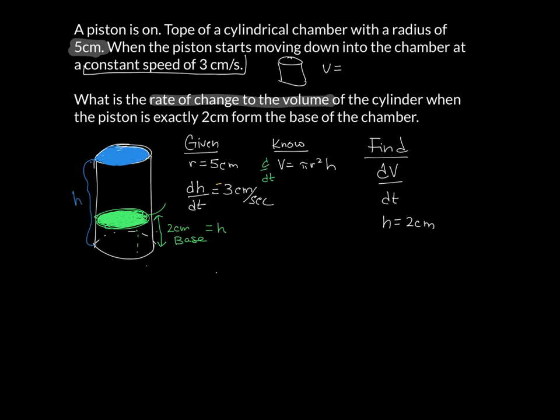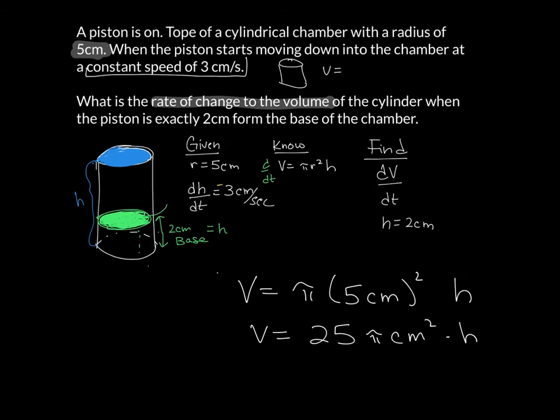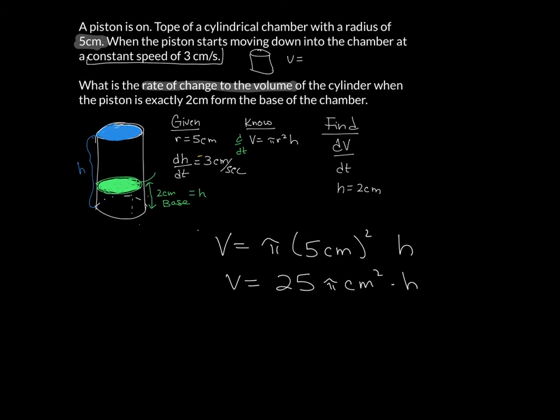And the reason I showed you that is I want you to see that sometimes you shouldn't just dive right into your known equation. Sometimes it's better to start with, I know that the volume is equal to pi. The radius in this case is constant, and it's a constant 5 centimeters. And that's really nice because now this changes it to 25 pi centimeters squared times the height. Now you can go through and finish doing this.